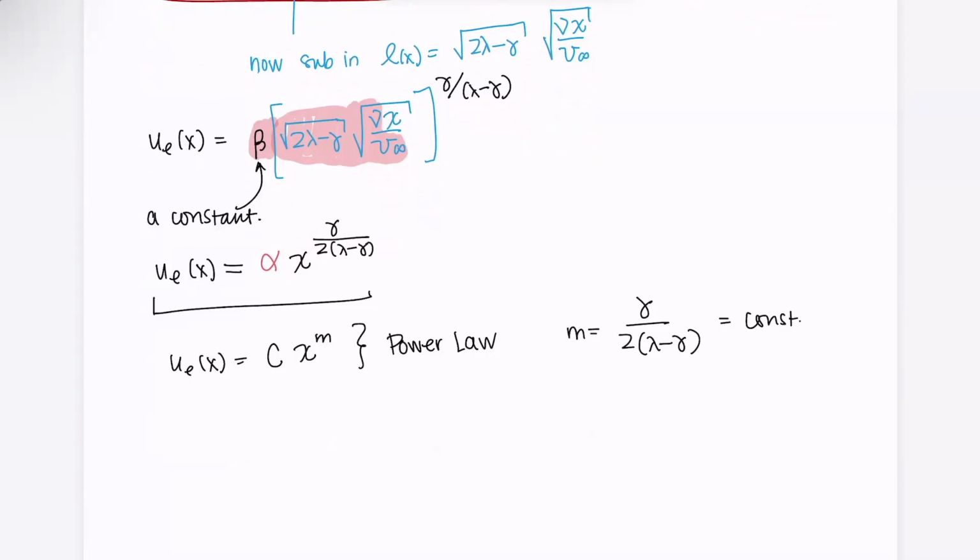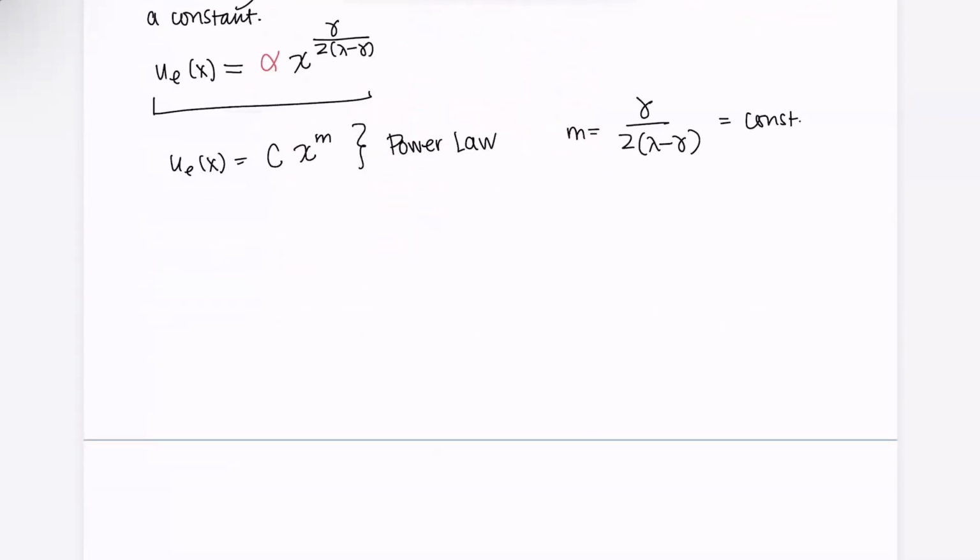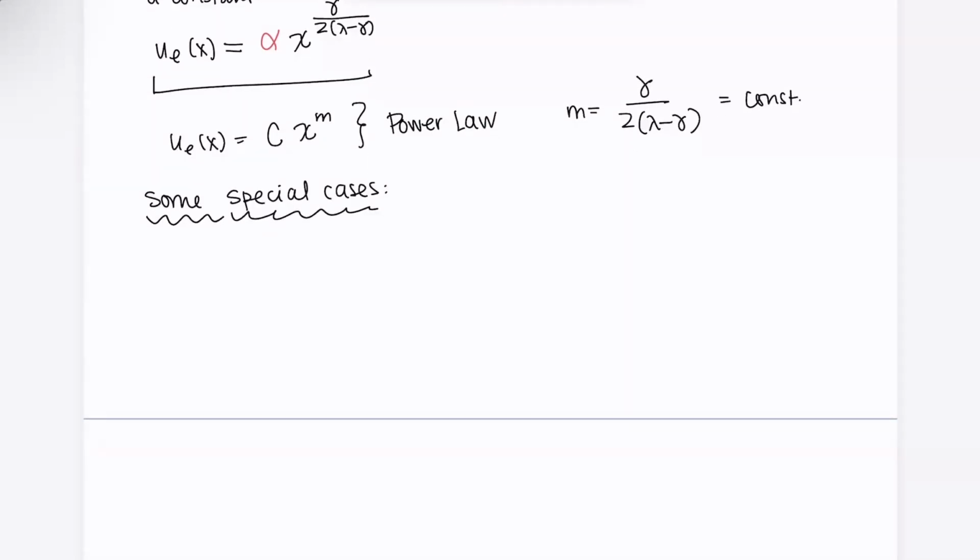Now, let's talk about some specific cases. Some special cases. Okay, so if we have flow over a wedge, this is when lambda is equal to 1.